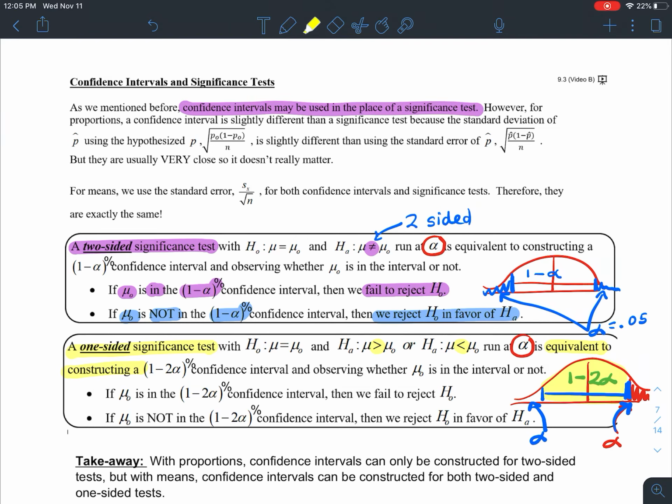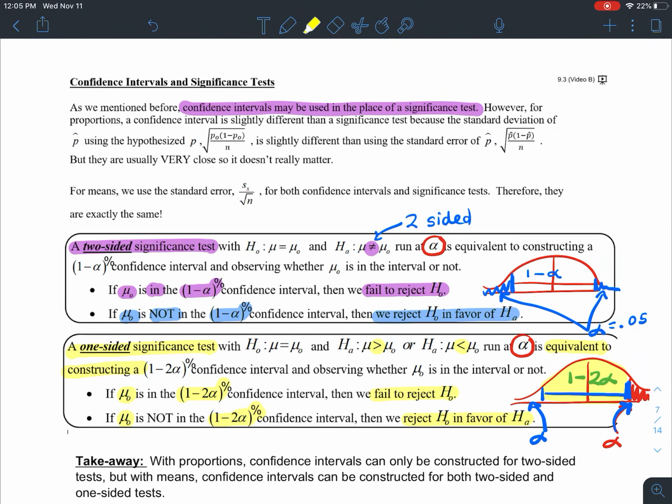Okay, and you can see that demonstrated right here, that the null hypothesis would be located in that middle confidence interval span 1 minus 2 alpha. If it's there, we're not rejecting the null, and if it's not there, we are going to reject the null.